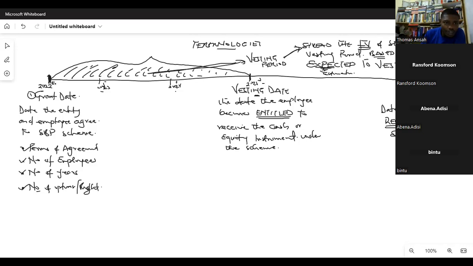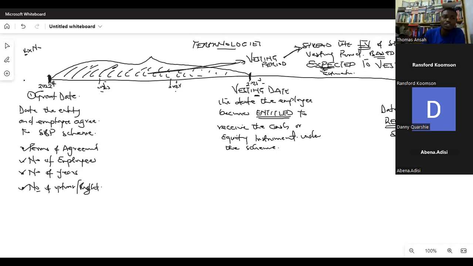I made an example that it is 4 if it is cash-based settlement. But how many shares are we multiplying the 4 with? The number we expect to be there at the vesting date. Since we are not at the vesting date, we need to estimate the number that will be there.